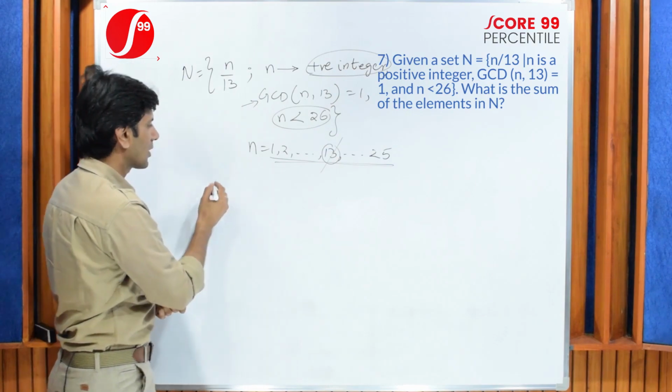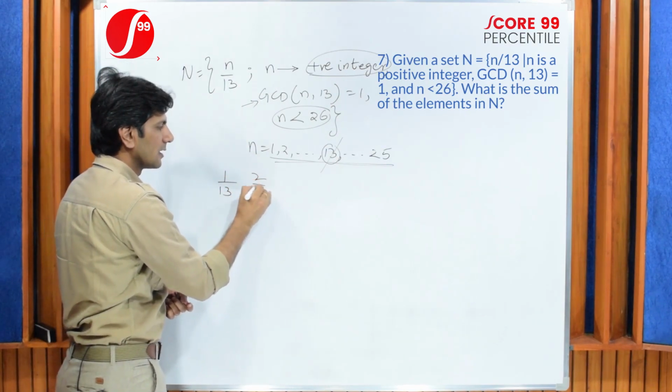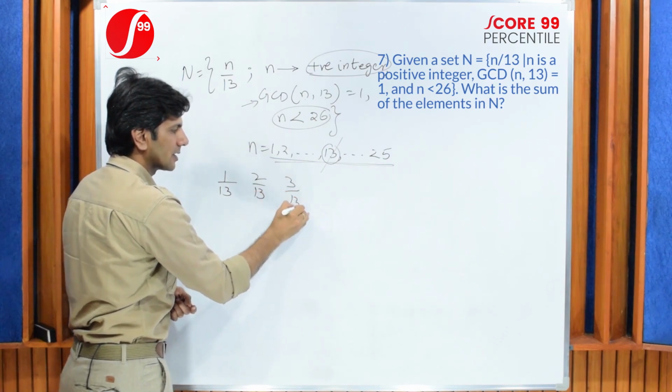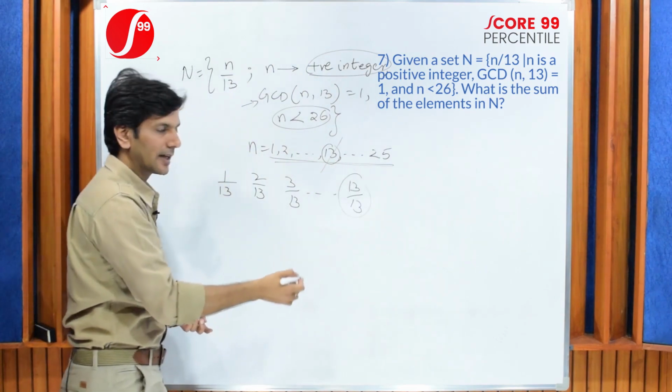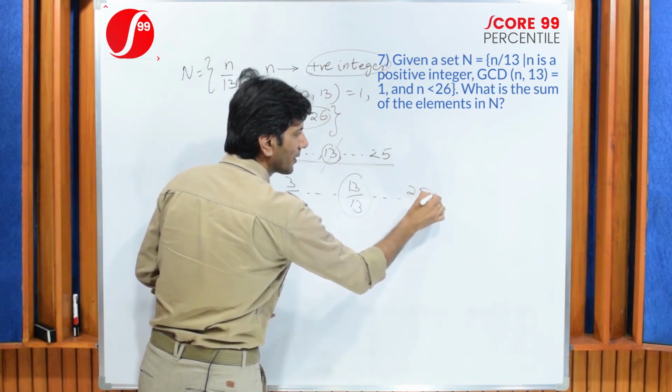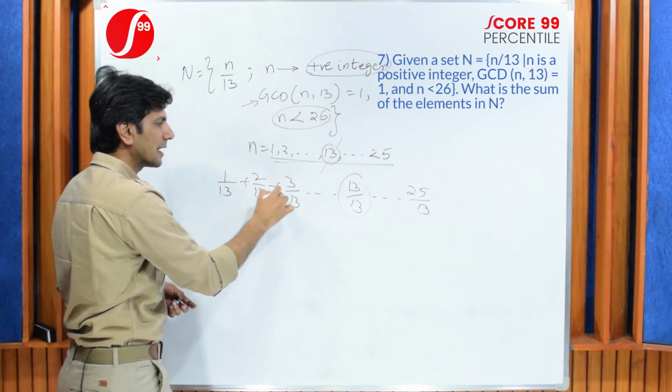So in other words, your set consists of numbers like 1 over 13, 2 over 13, 3 over 13, like this. We do not include 13 over 13, up to 25 over 13. Your question says, what is the sum of all these numbers?